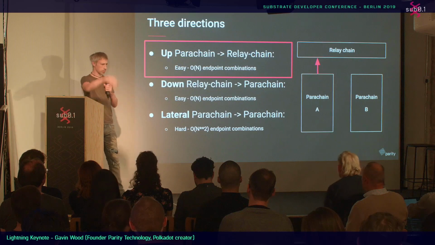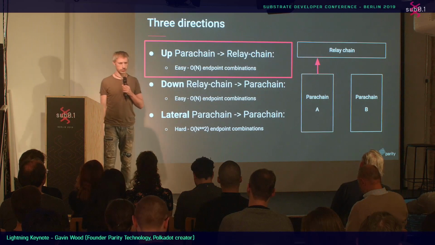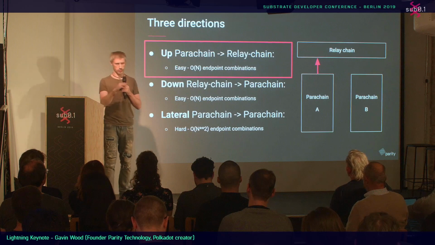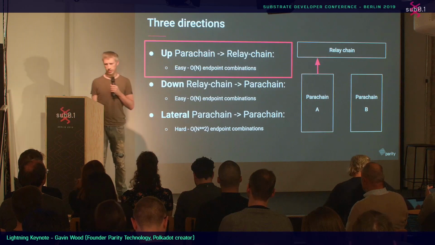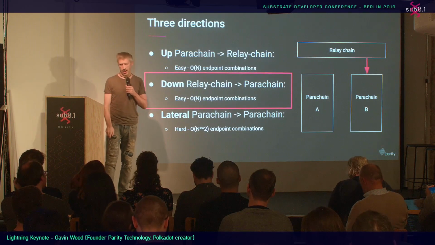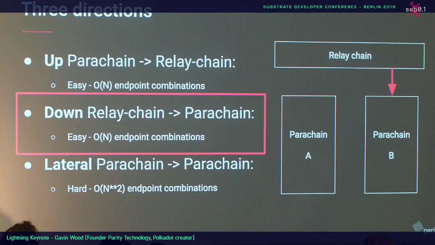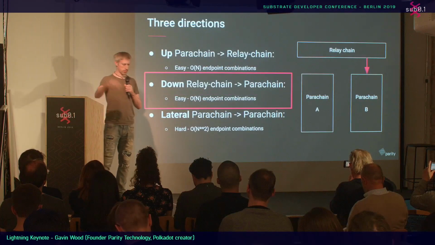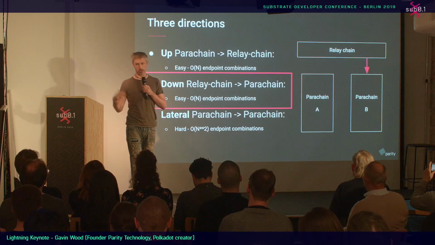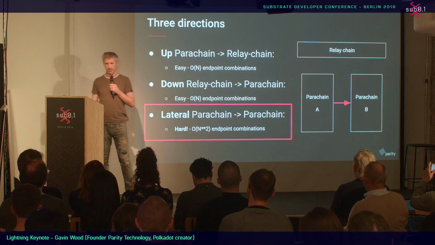There's order n possible endpoint combinations. Basically, it's just all of the different parachains. They can each send a message up to the relay chain. Same with down. If the relay chain ever wants to send a message to a parachain, it's not too difficult to arrange. These are already implemented in the current Polkadot code base. The hard one is the lateral one, right?